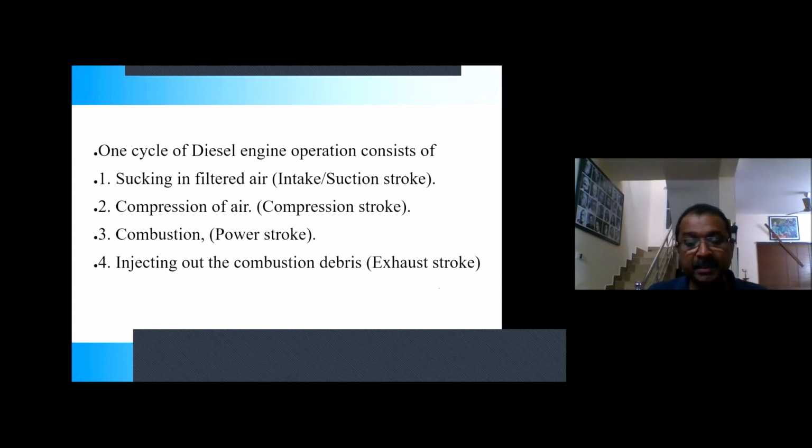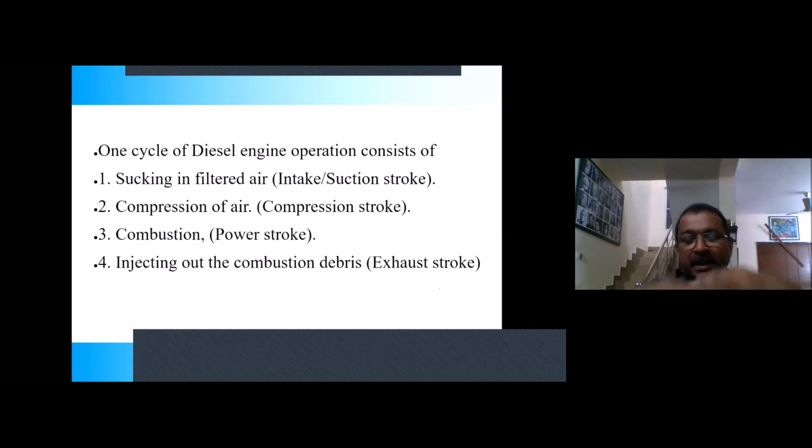Collecting air, compressing it and injecting diesel, burning it, so we get expansion. After the combustion, the cylinder is filled with smoke, the combustion debris.